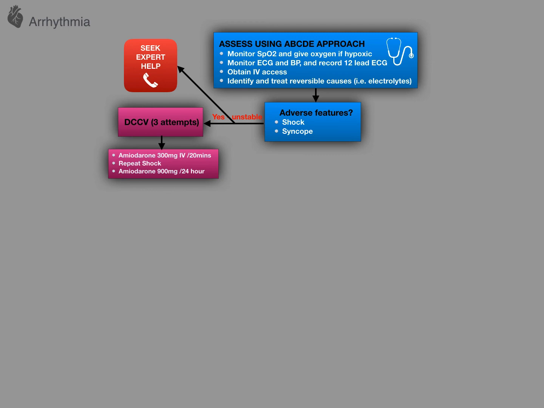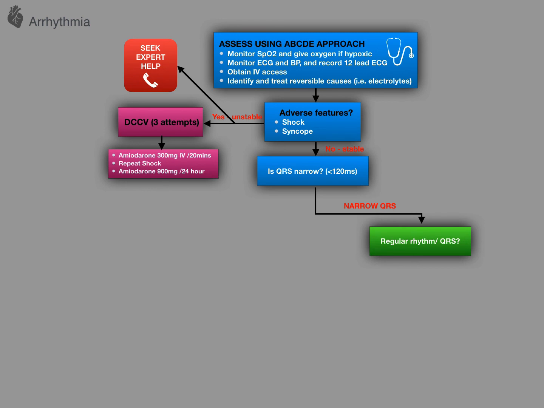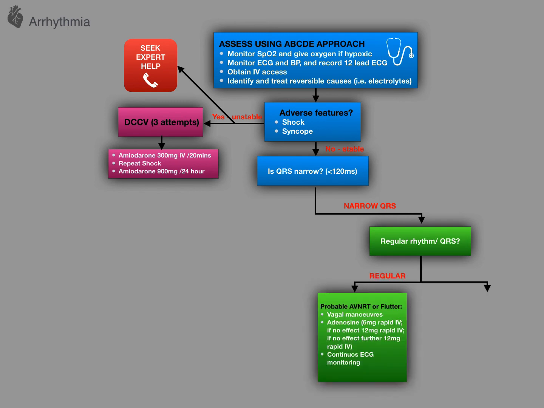If the patient is stable, then the first thing we want to know is, is their QRS narrow, less than 120 milliseconds, or is it broad? If we've established that we have a narrow QRS complex, our next question is whether we have a regular or irregular ventricular rhythm. If we have a regular narrow complex tachycardia, the diagnosis is likely AVNRT, AVRT, or flutter with 2-to-1 block.